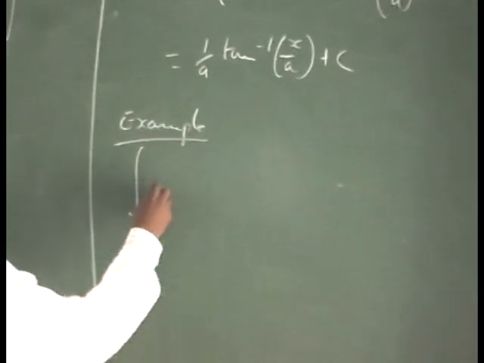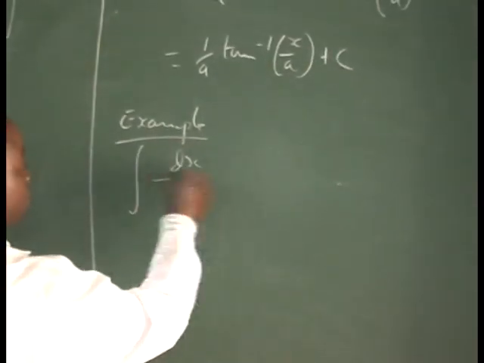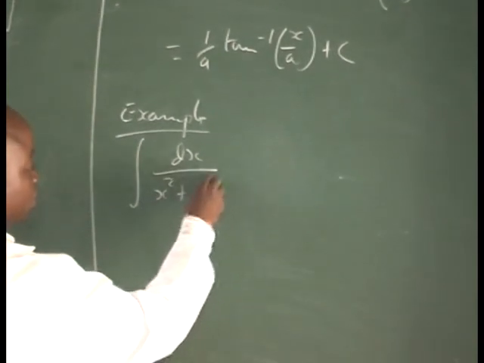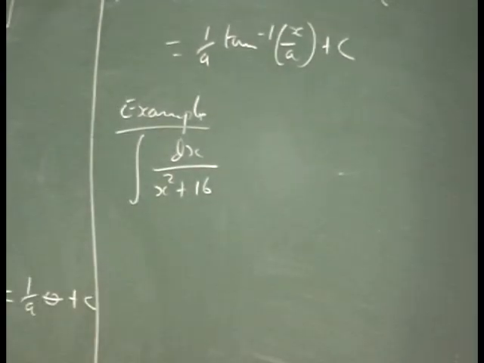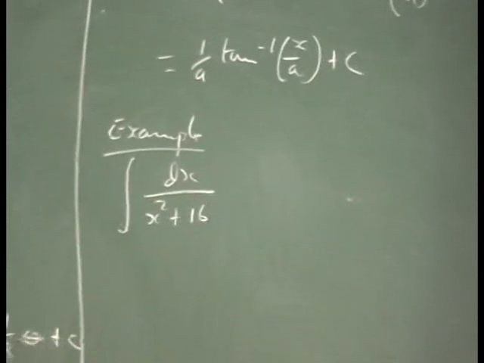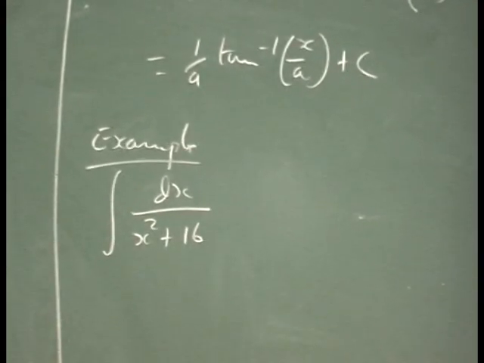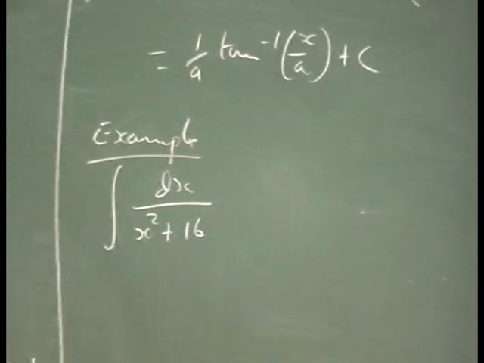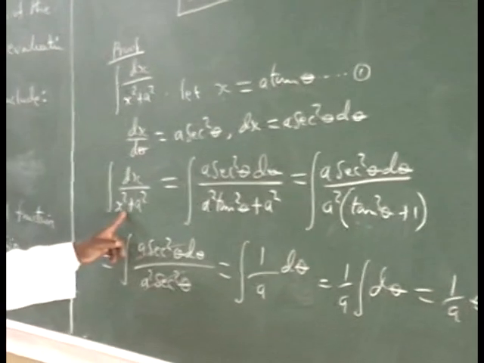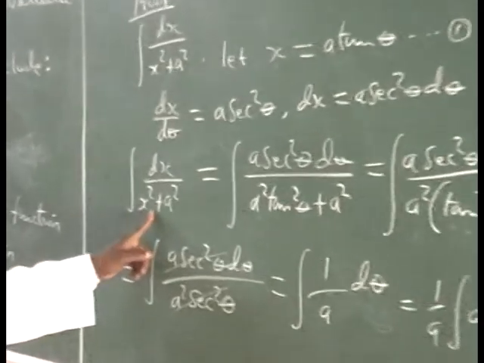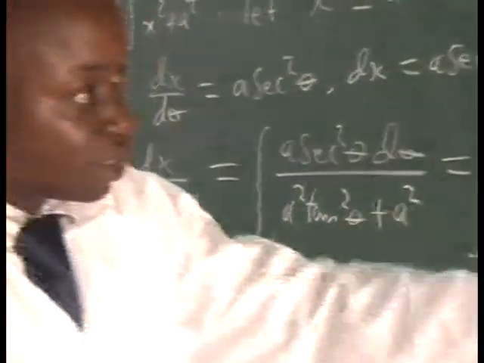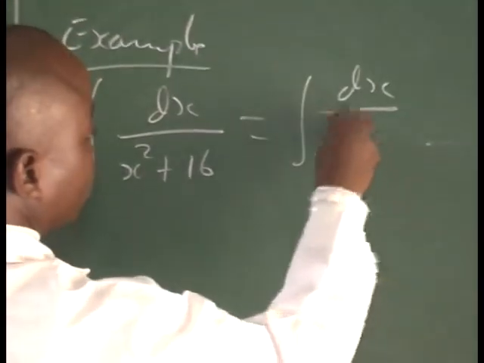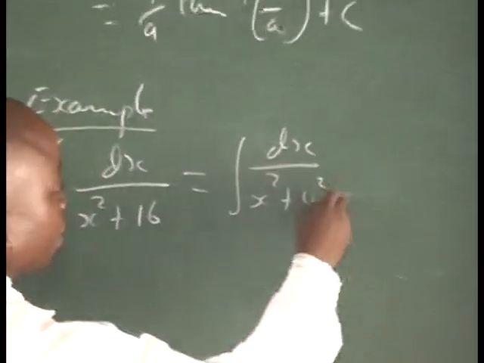If you have the integral of dx all over x squared plus 16. Now look at that. They give you this to integrate. So you can see that this one is the same thing as this, meaning that we can write this as the integral of dx all over x squared plus 4 squared.